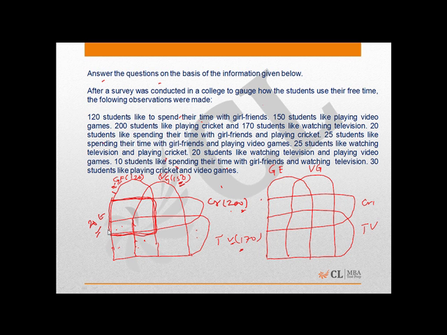25 students like spending time with girlfriends and playing video games, which means this whole portion is for those who like spending time with girlfriend and playing video games. So this whole stands for 25. 25 students like watching television and playing cricket.